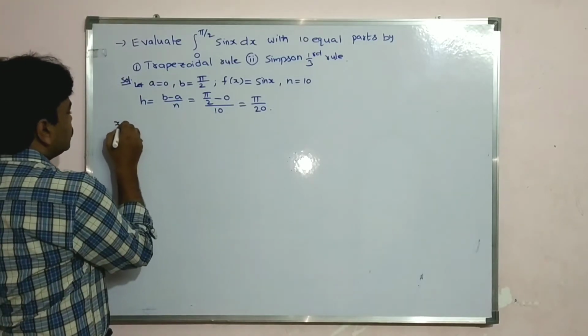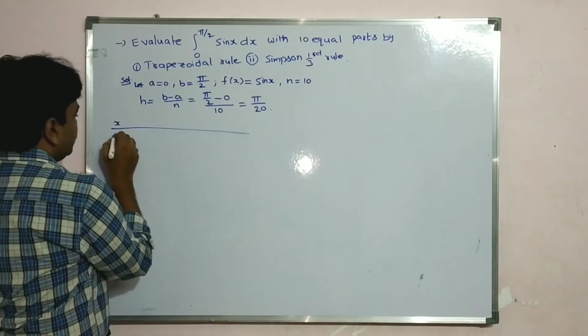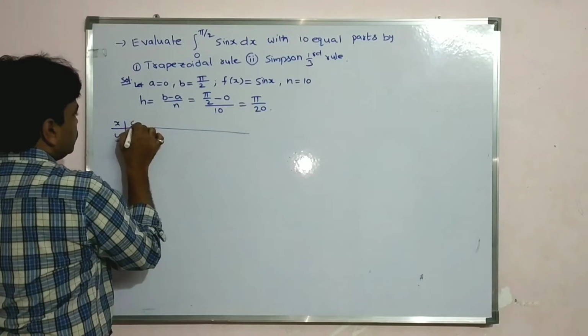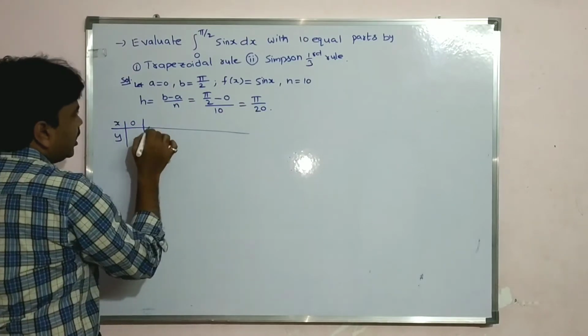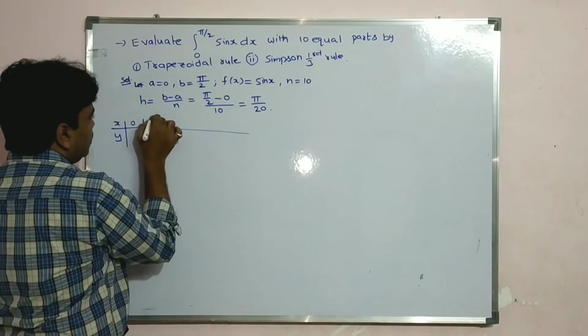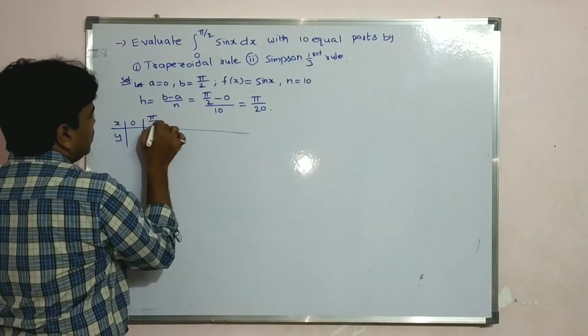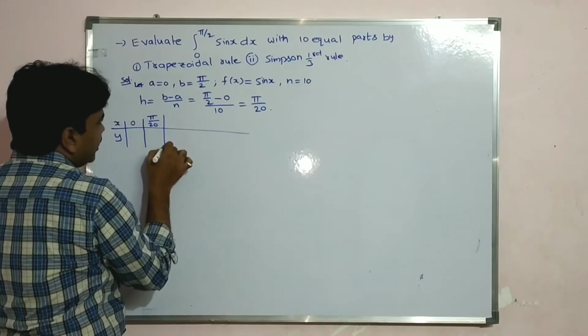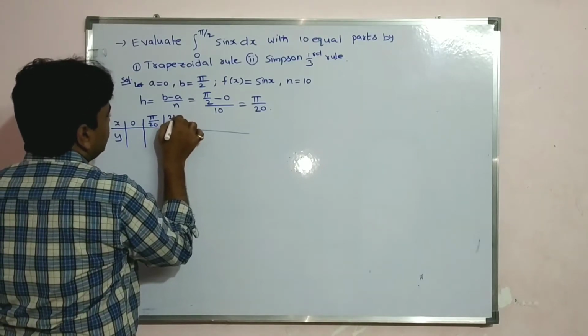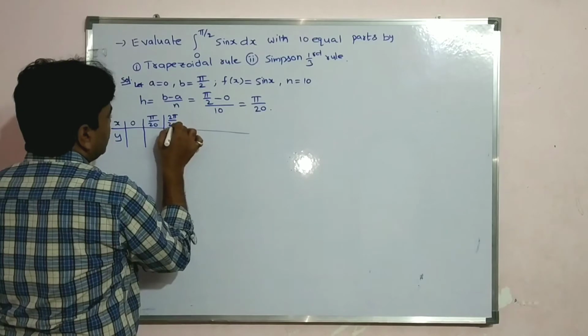Now you draw the table, students: x, y. What is the lower limit here? 0. You add pi by 20 to 0, so pi by 20. Again you add pi by 20, so you get 2 pi by 20.